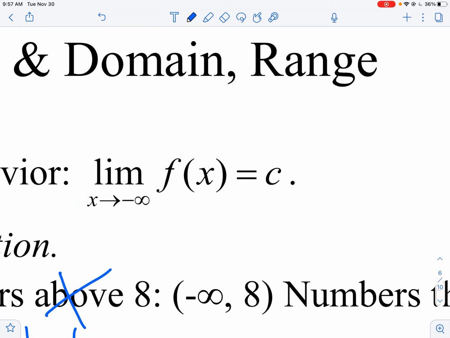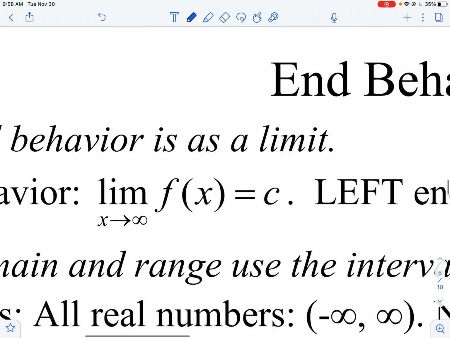That's kind of the notation. That's how you read it. I want to point out that f of x means a y value. So you're saying the y value as the x's do something. What's going on with the function? How high or how low does it go on either side of the function?